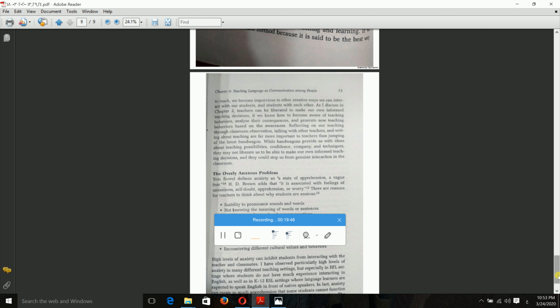As you know, pronunciation or phonetics is very difficult and complex to handle. Not knowing the meaning of words or sentences, as you know, the English language has many words and vocabulary items. The English language contains many different words, some of which are synonyms, some opposites, and some similar to each other in sound, pronunciation or spelling.